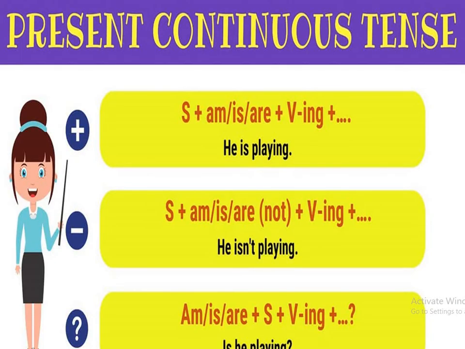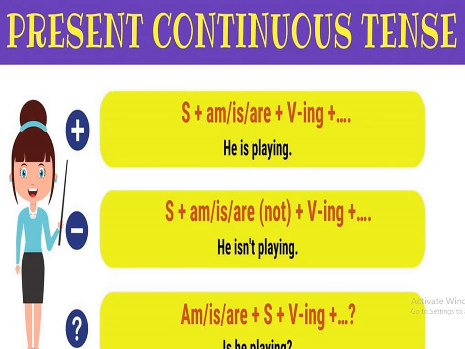At last, I'll just have a quick revision of the formulas which we are using to frame the present continuous tense in a positive, negative and in the interrogative form. So for the positive form, we use subject plus is, am, are plus ing form of the verb and the rest of the sentence, that is the object.